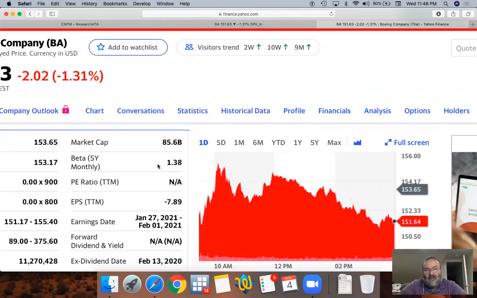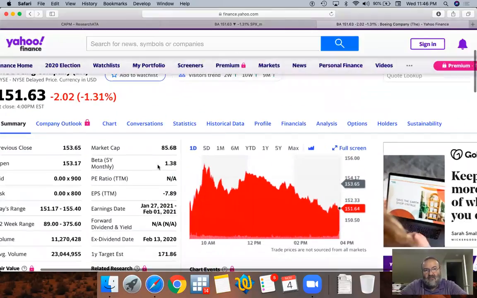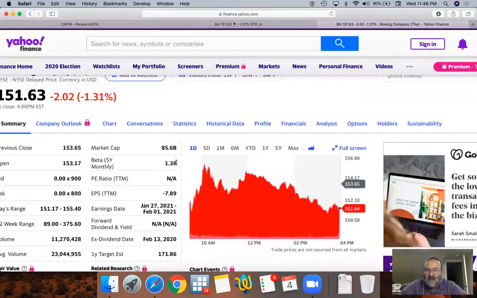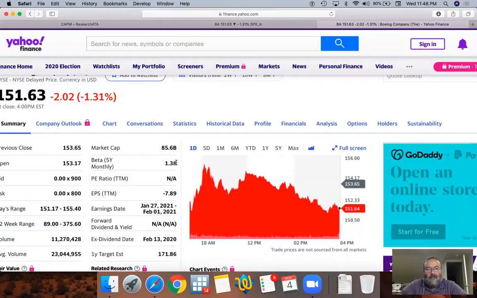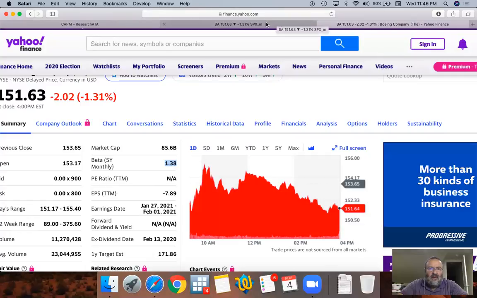So with respect to market risk, Boeing seems to be a little bit riskier than Apple, but still significantly correlated with the overall market, and it has a relatively high market risk. Now, notice how Apple had 1.31 and Boeing had 1.38.